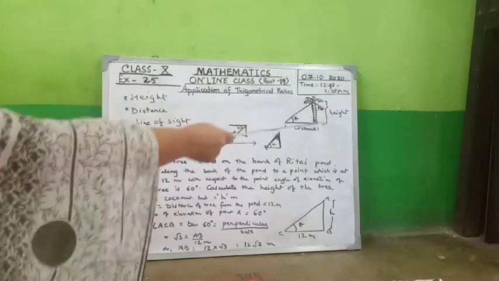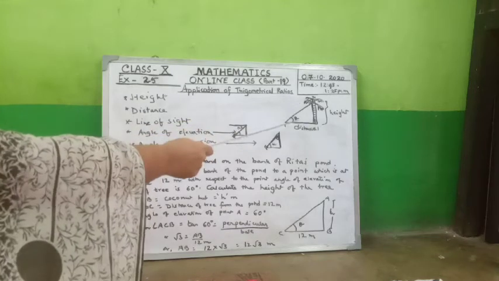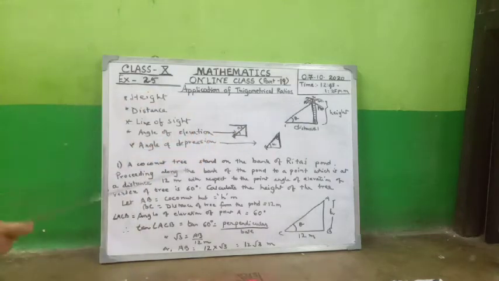If distance is known to you, if the angle is known to you, now I'm coming to the angle later, then you can easily find out the height of the tree.